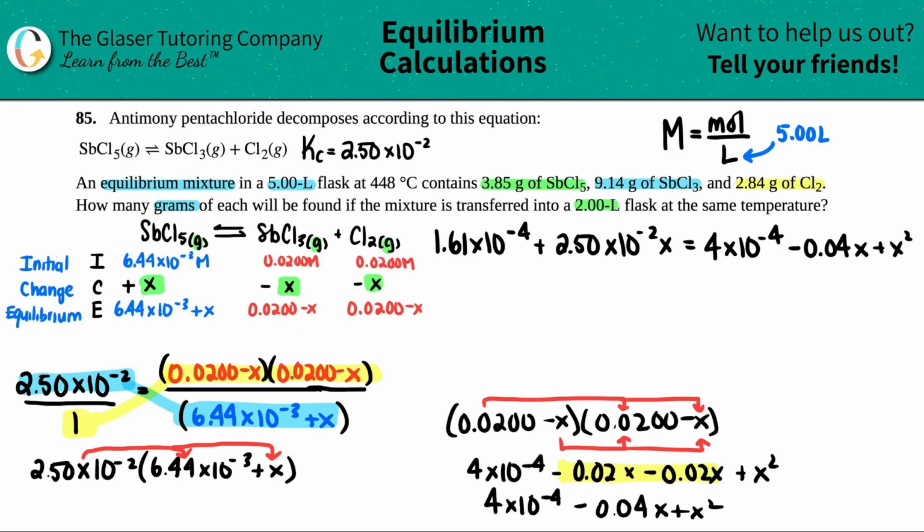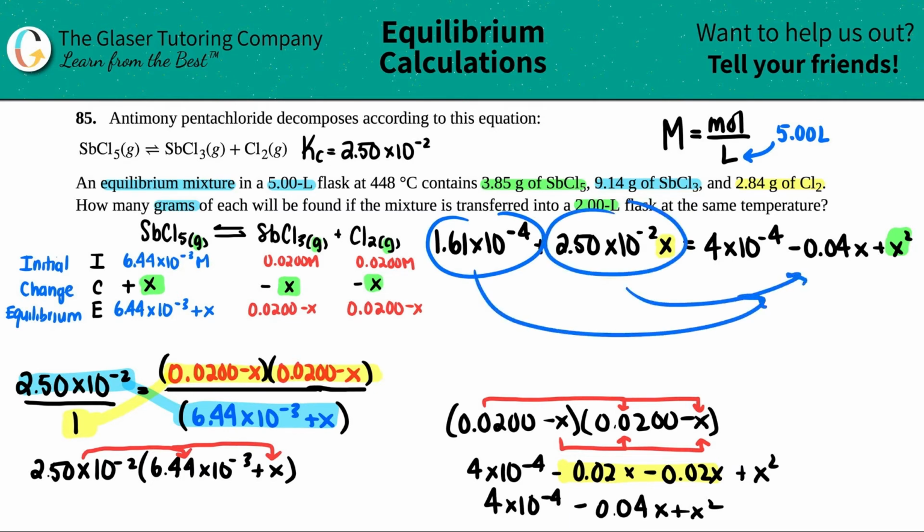And now since we have x values and x squared values, I now know that I have to do the quadratic formula, which means that I have to get all the x's and x squares on one side. Generally, we like to have a positive x squared, so I'll just move these two values over to this side.